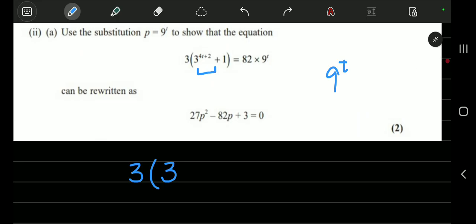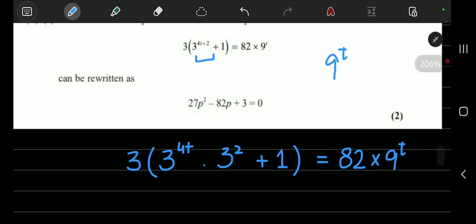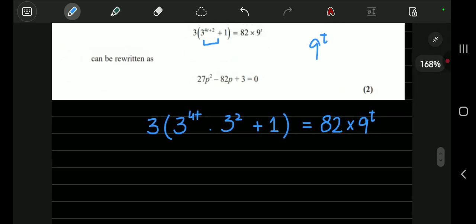So 3 to the power 4t times 3 to the power 2, plus 1, is equal to 82 times 9 to the power t. So we can simply write it as p, but let's first solve the rest of the equation and then put it in.